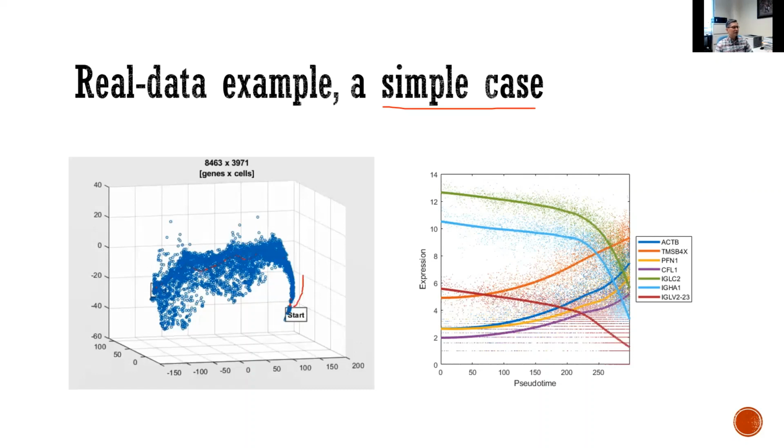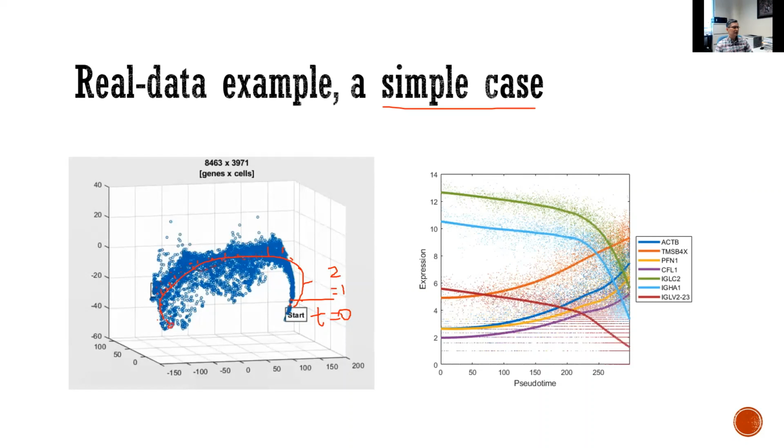Once we reconstruct this pseudotime, we can assign each individual cell a time. For example, if you think this will be time equals 0, the next step here may be time 1, and then here will be 2. Along the way, you can assign the neighbor cells to the trajectory and give every cell a time point.